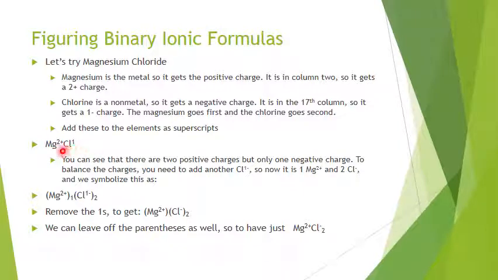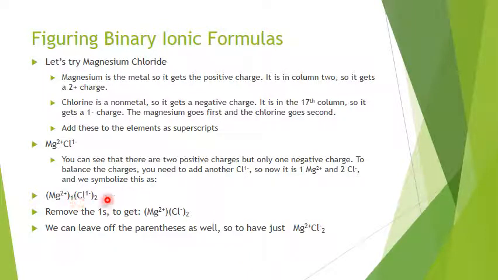So I have Mg2+ and only 1 minus, so I have to add another Cl minus. So I have one Mg2+ and two Cl1 minus. This 2 means that I have 2 of them, and that's your chemical formula.